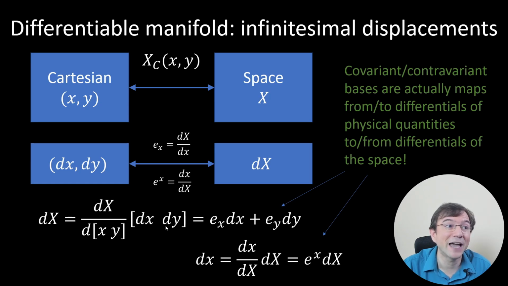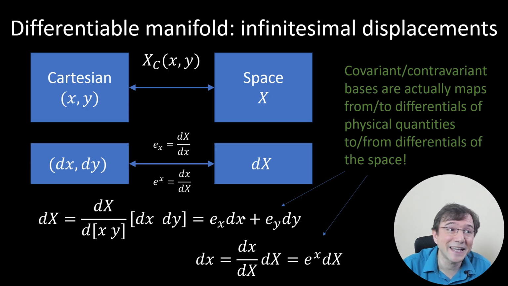So we have a vector space on the differentials, and it's going to be mapped to the vector space of infinitesimal variation in space. And this map then maps the infinitesimal variation in the coordinates to the infinitesimal variation in the space. These are the things that we typically call the basis vectors, but they're not basis vectors at all.